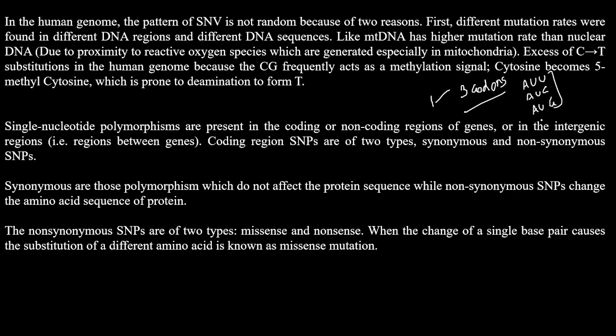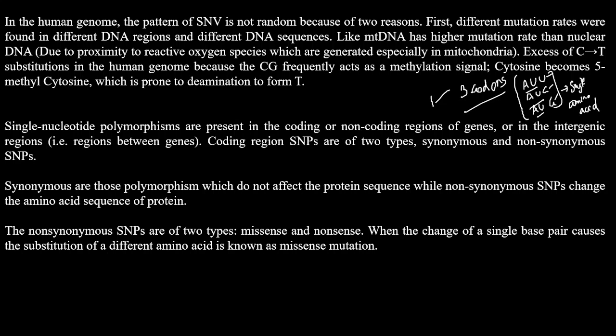I don't remember the code of the amino acid. But if this is the case, you can see all of these have the two bases which are the same, AU, AU. Only the last base is changed, but they are coding for a single amino acid. If the polymorphism is in the U region or C region or G region, then the amino acid is not going to be changed, and this is the synonymous.